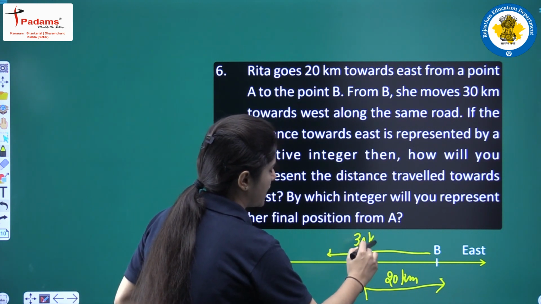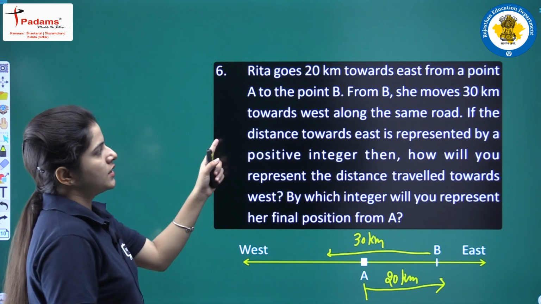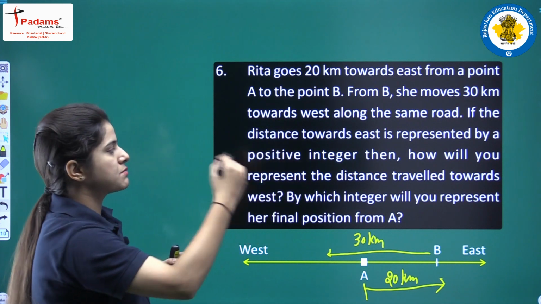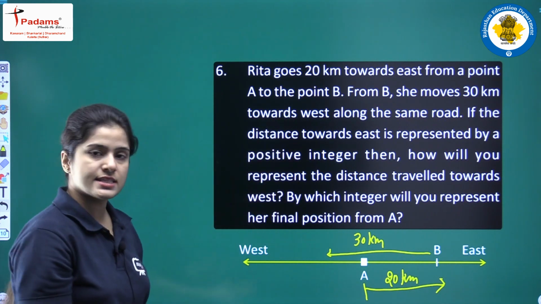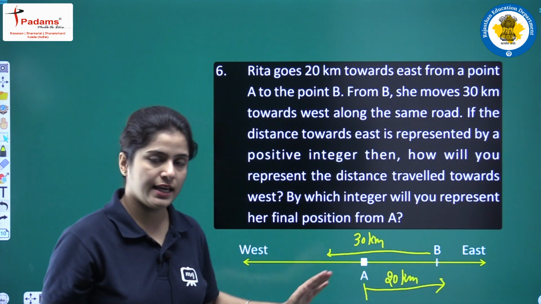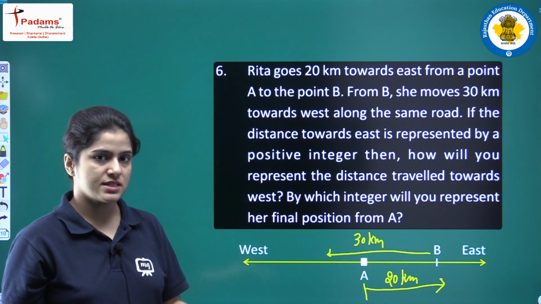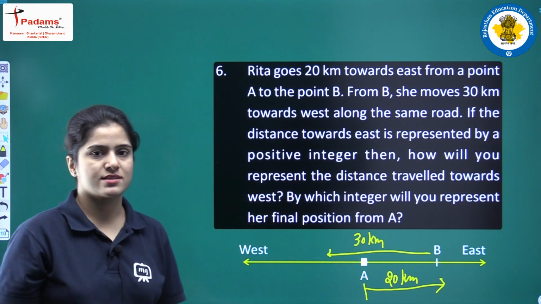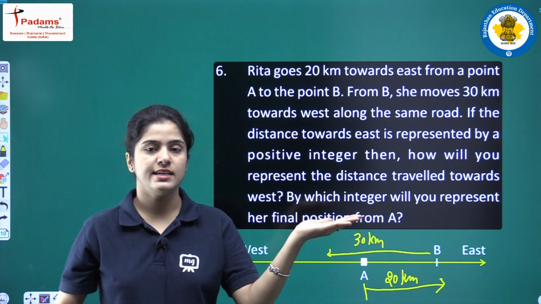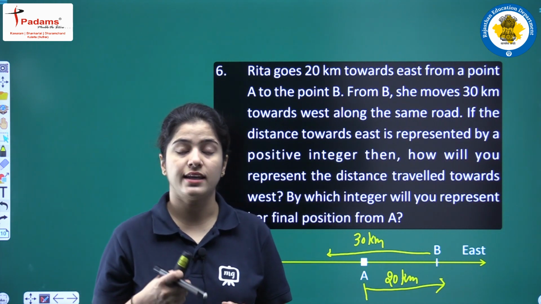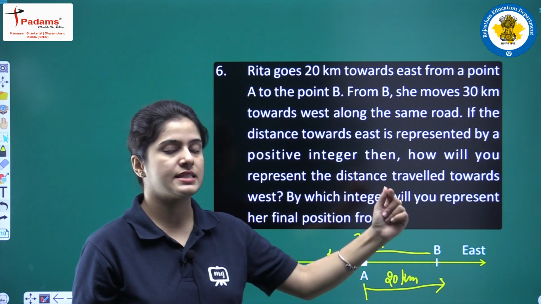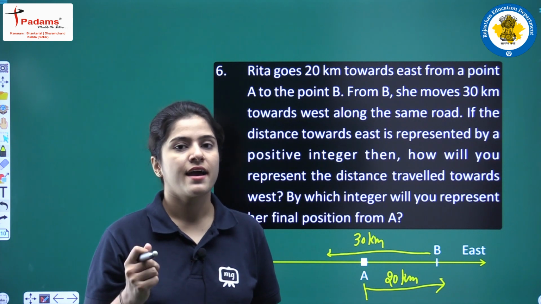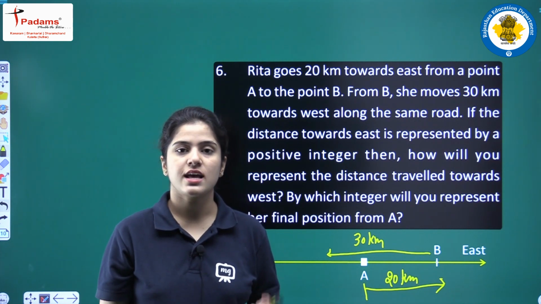By how many kilometers? 30 kilometers. Okay students, so if the distance travelled towards east is represented by a positive integer, then how will you represent the distance travelled towards west? Students, it is very clear that east and west are two opposite directions, so if we represent the distance towards east as a positive integer, we have to take the distance towards west as a negative integer. Why?